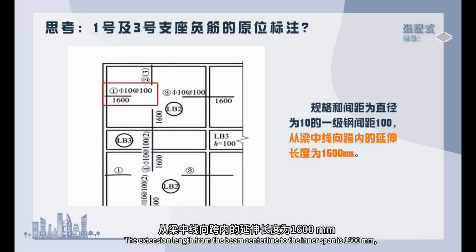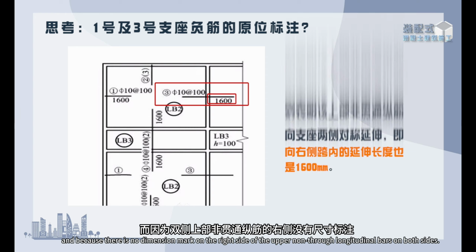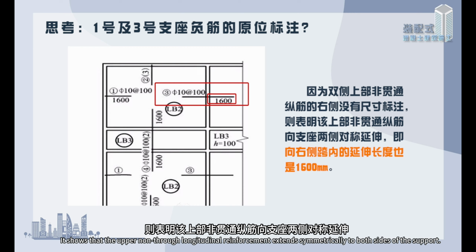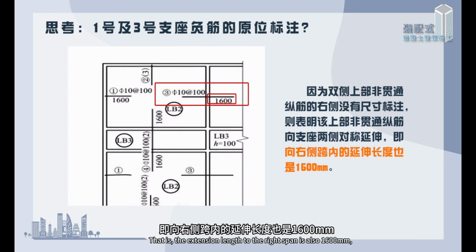The extension length from the beam center line to the inner span is 1600 mm, and the extension length of the No. 3 upper non-through longitudinal reinforcement from the beam center line to the left span is 1600 mm. And because there is no dimension mark on the right side of the upper non-through longitudinal bars on both sides, it shows that the upper non-through longitudinal reinforcement extends symmetrically to both sides of the support. That is, the extension length to the right span is also 1600 mm.